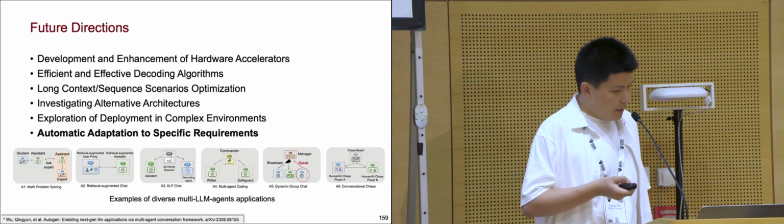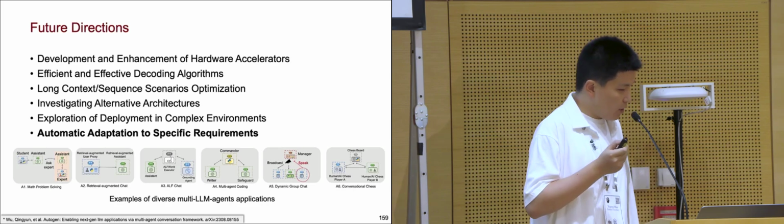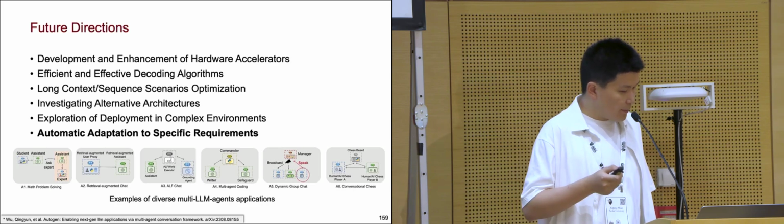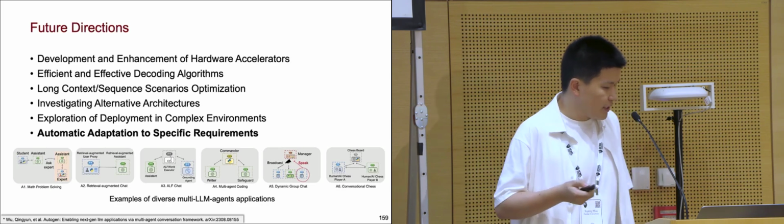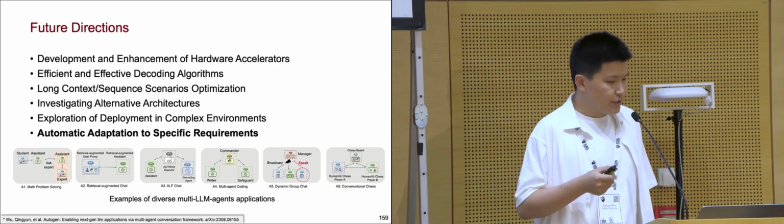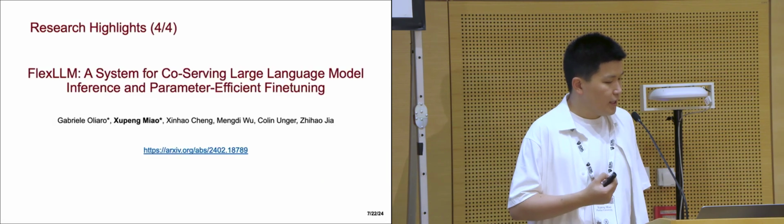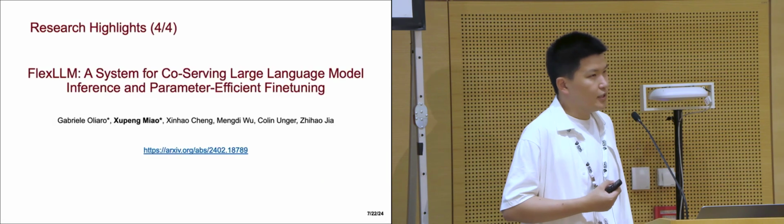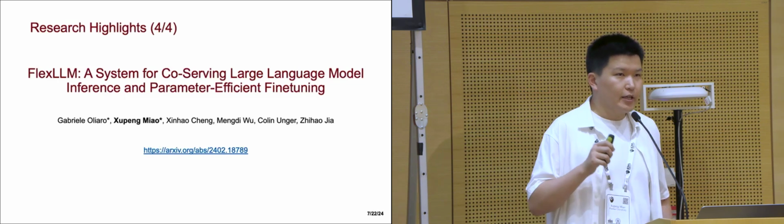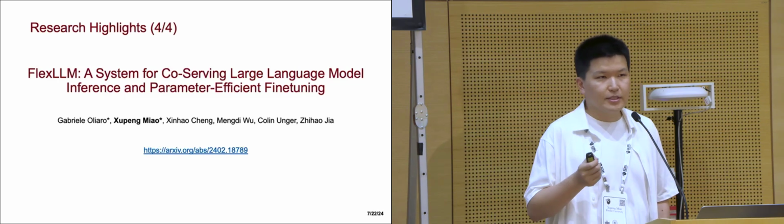And the last point is about automatic adaptation to specific requirements. For example, one trend today is that people are using large models in more and more different ways. By using large models as agents, we can enable them to interact with each other.